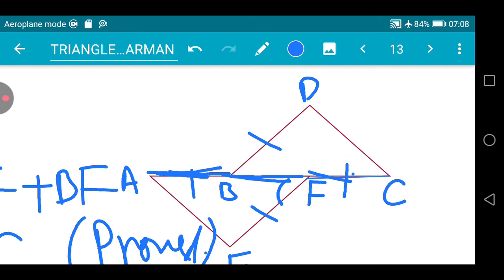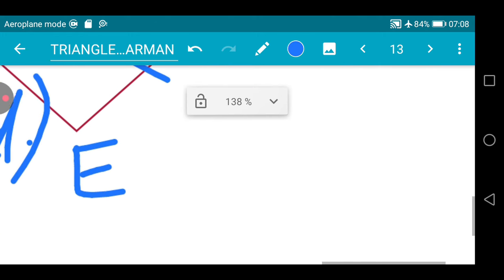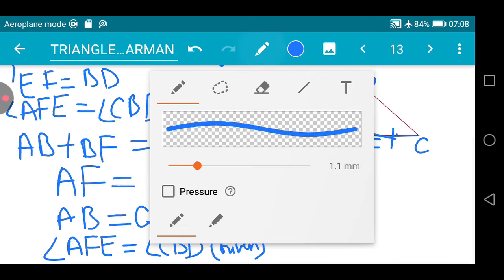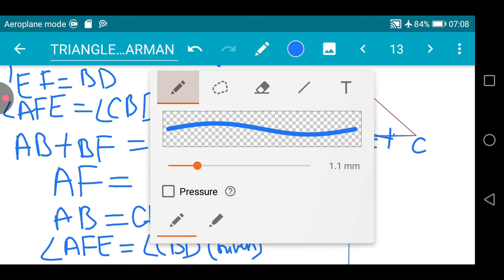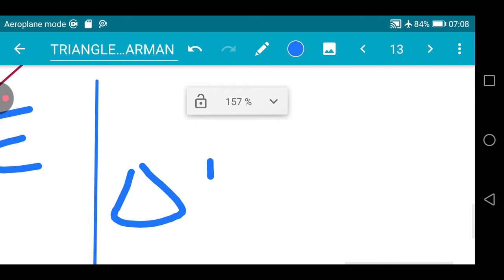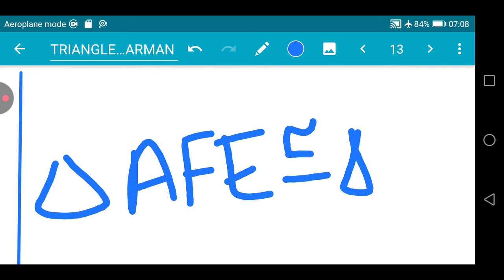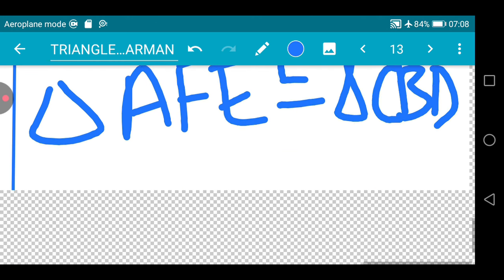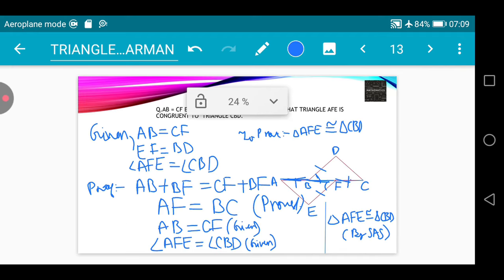This angle and this angle are equal. So we conclude that triangle AFE is congruent to triangle CBD by side angle side, simple.